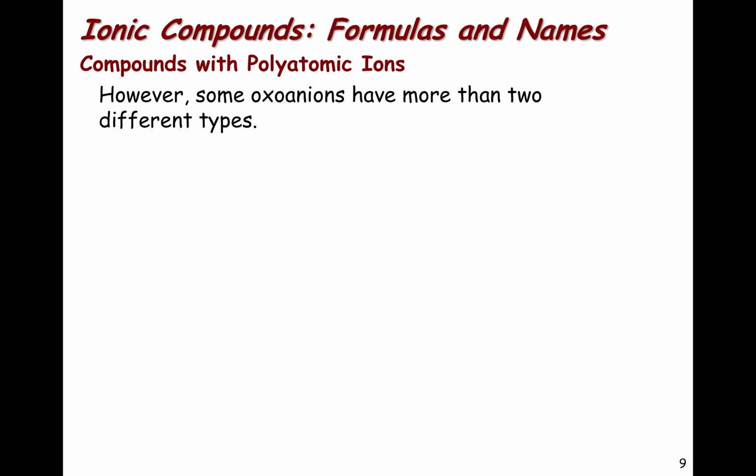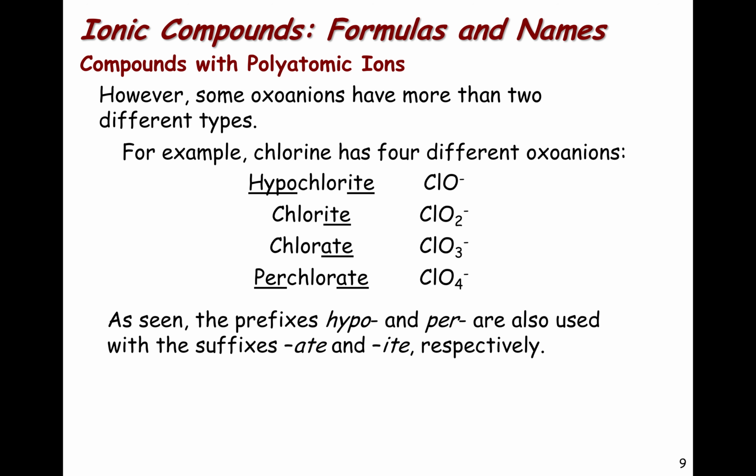In some cases, we have more than just 2 oxyanions, and that then requires the use of prefixes in addition to the suffixes. A good example of this are the chloroxyanions, and in this case there are 4 of them.